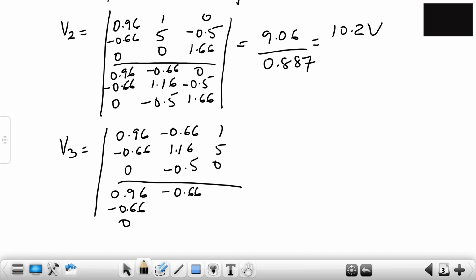You have to be very careful with the calculations. If one value goes wrong, the whole problem will go wrong. So be very careful while solving.